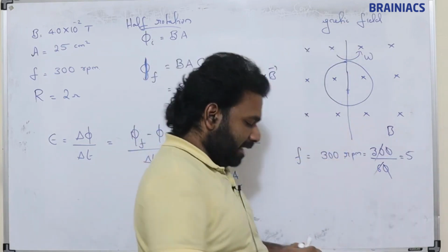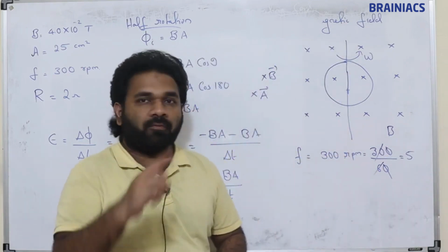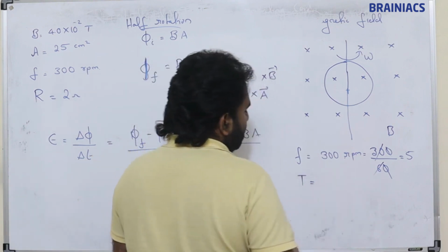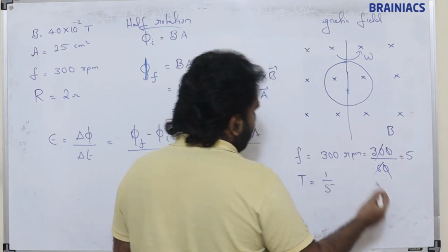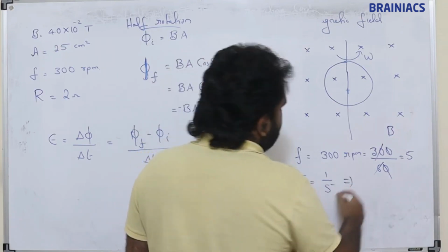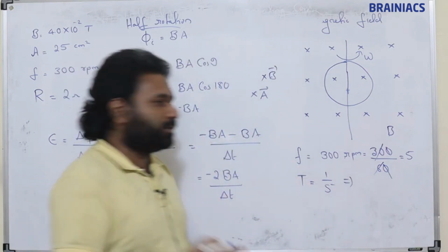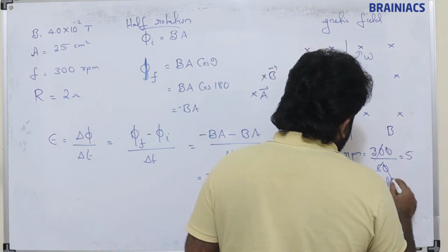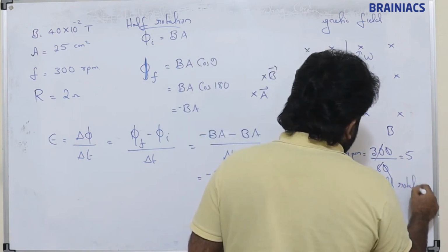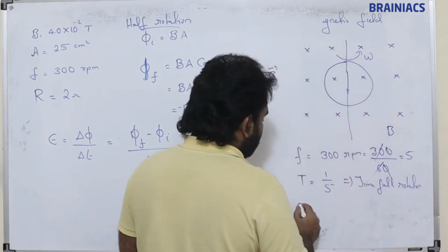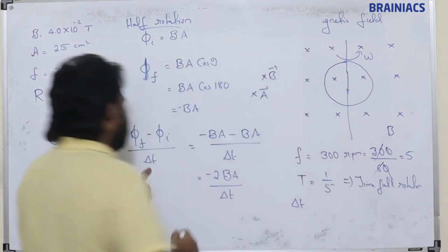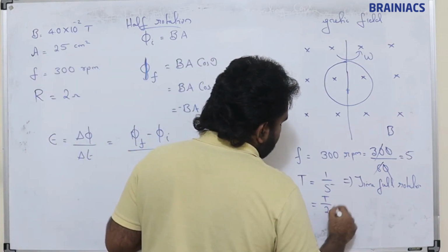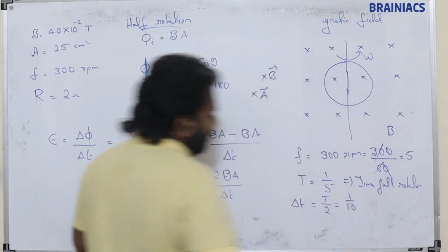In a second, 5 rotations will be done. So what is the time period? The time period is equal to 1 by 5, which is the time taken for a full rotation. Here delta t is for half rotation, so the time for half rotation is T by 2, which is 1 by 10.